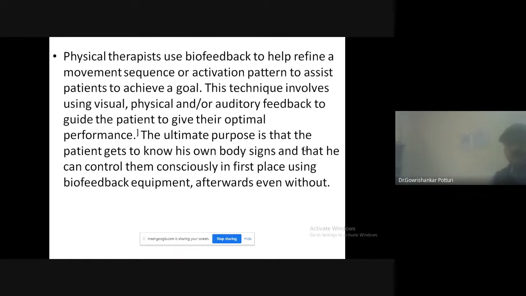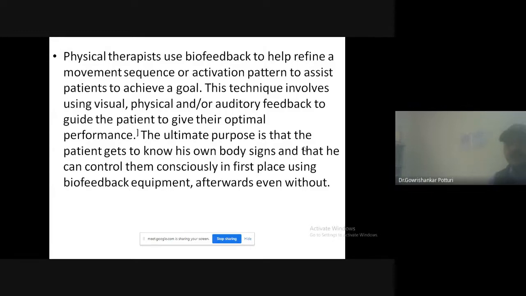Physical therapists use biofeedback to help refine a movement sequence, especially in stroke patients, when we want to break a pattern or when we want to develop a pattern. At that time we will be using an activation pattern to assist the patient to achieve a goal.